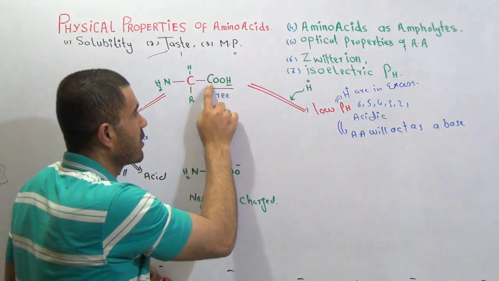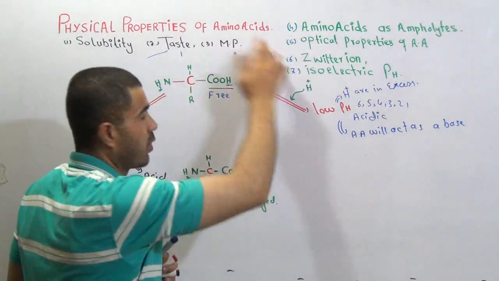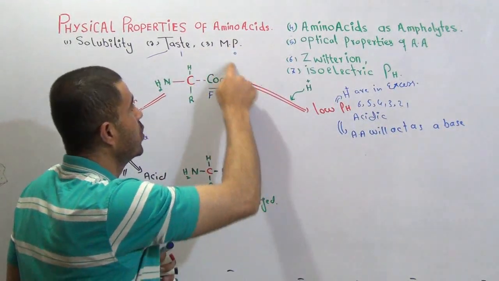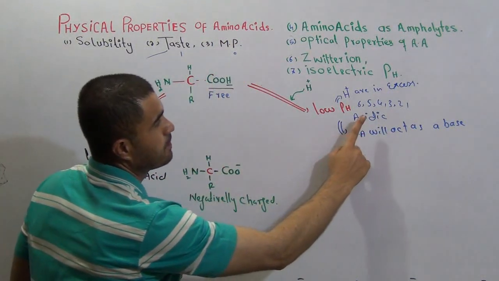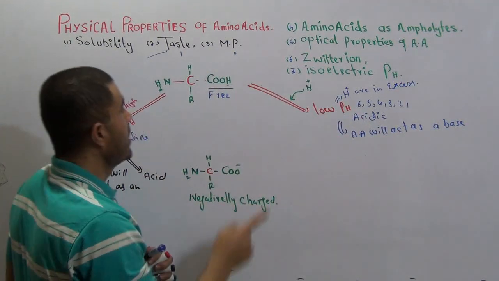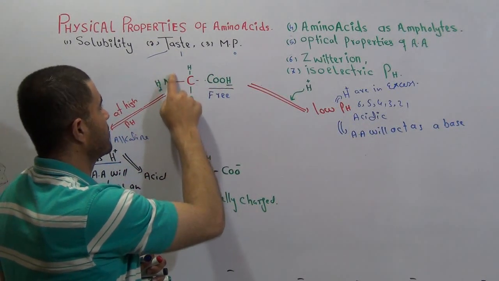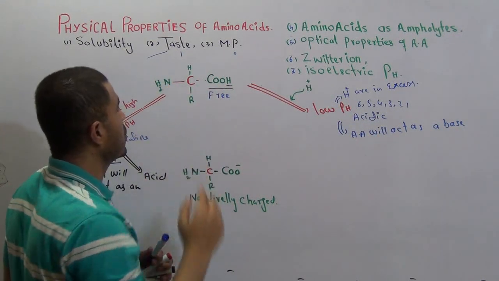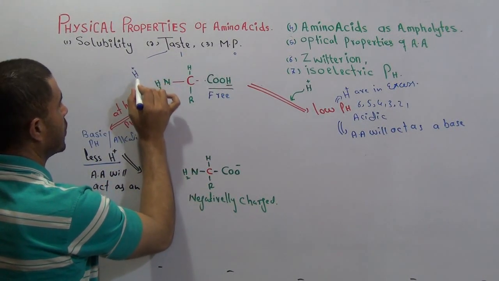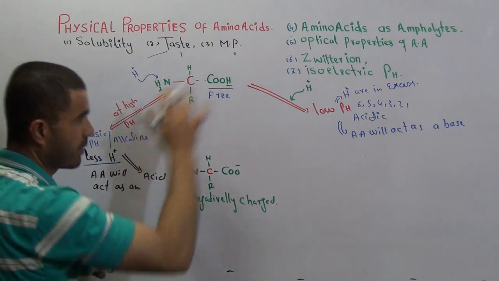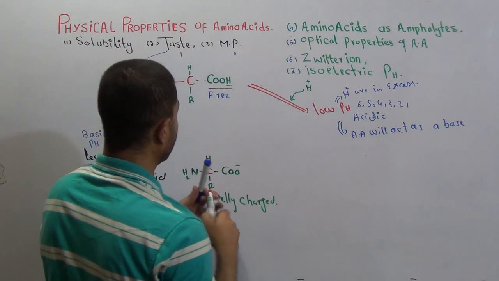It is not possible for COOH to get one more hydrogen, so we will exclude the carboxylic group. The carboxylic group has no value in the case of acidic pH. In acidic pH, the duty will transfer to that amino group, which has the capability to get a proton, a hydrogen ion, from the surrounding medium. What will happen? That amino acid will become like this.